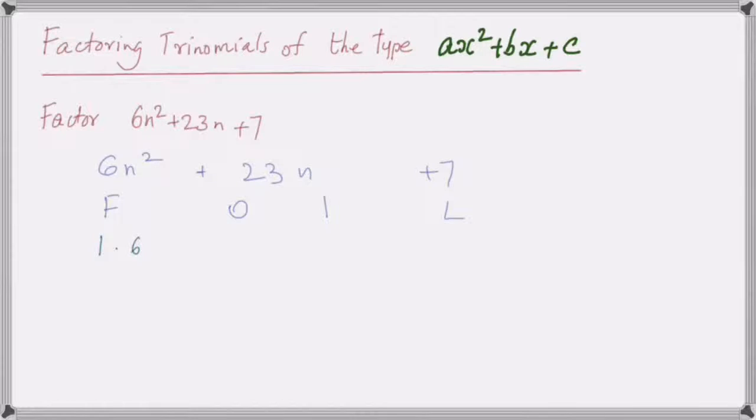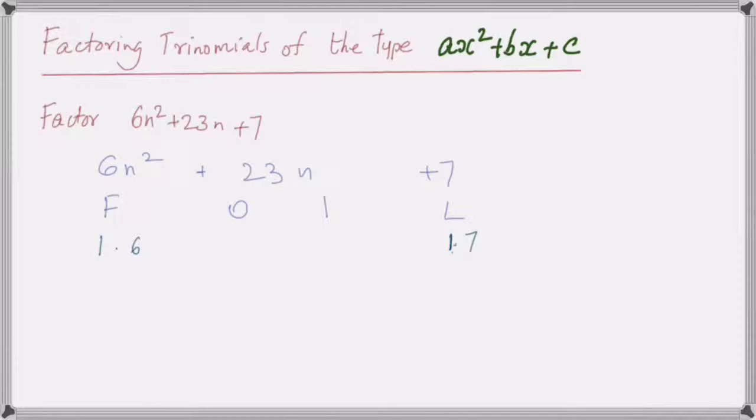So write the last term such that the factors of the last term are, let's say, 1 and 7. You have to find factors such that when you multiply 1 and 7, you get 7.